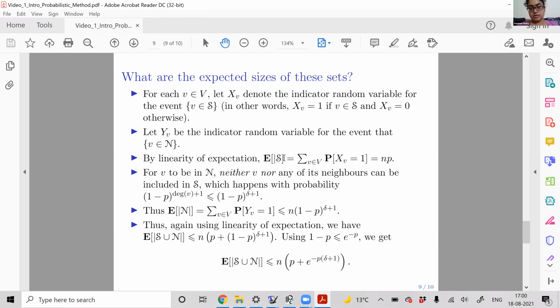Expectation of the cardinality of S is going to be summation over v belonging to capital V of expectation of x sub v, which is the same as the probability that x sub v equals 1, and this is equal to n times P. Now we also want to find the expected size of the set script N.